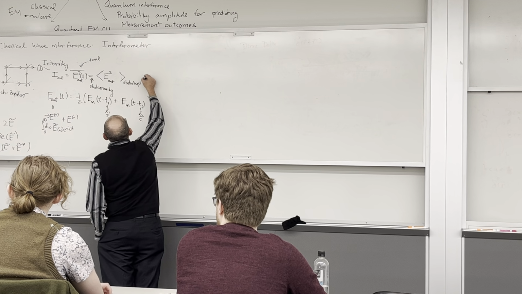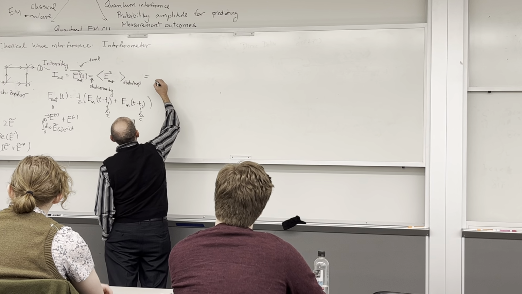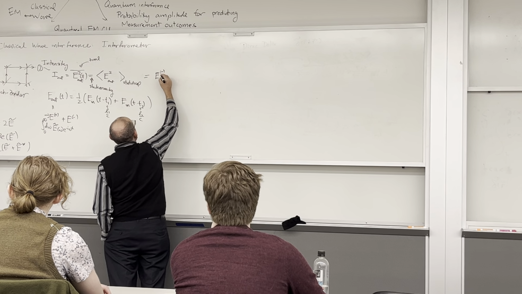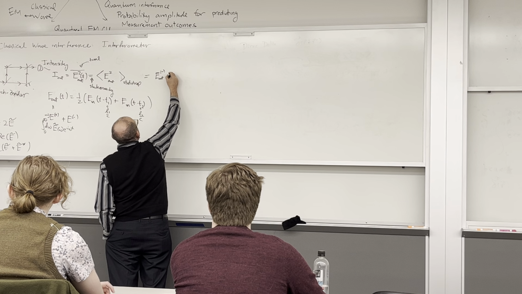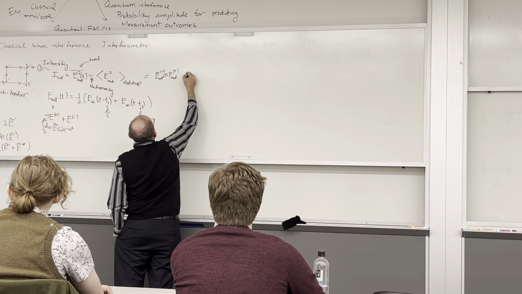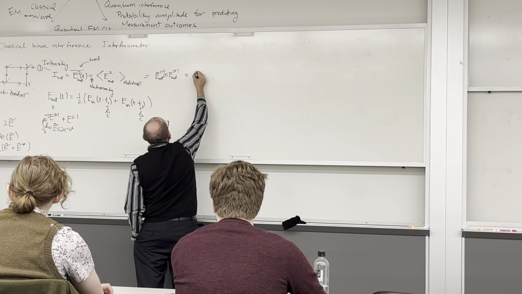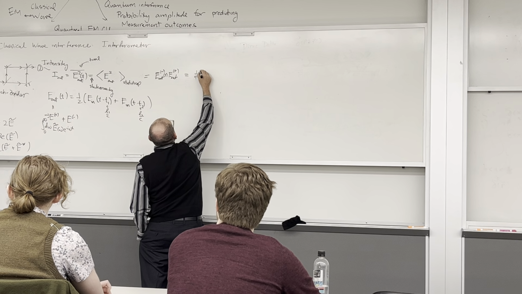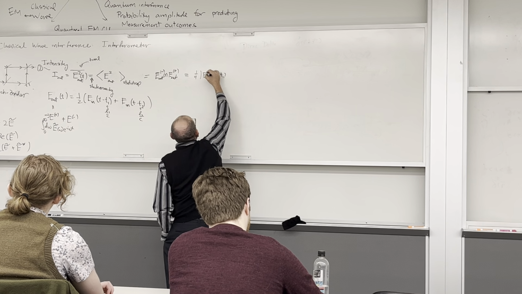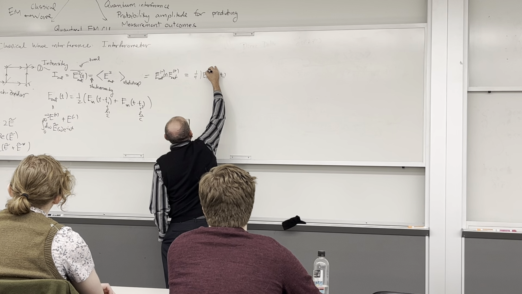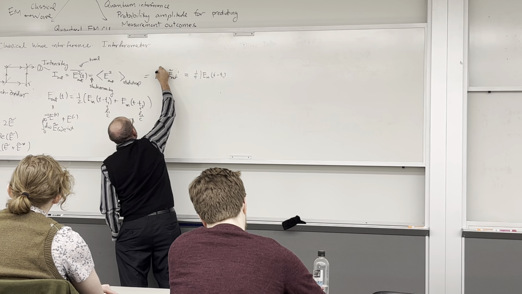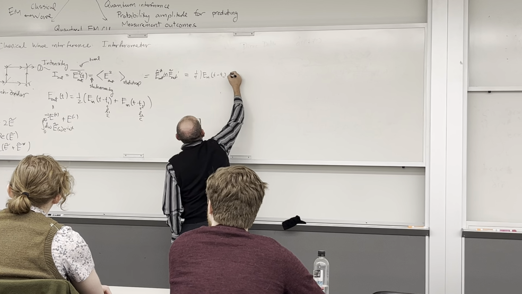And so our output electric field over here, this time average was the square of the complex amplitude, which I could write as E minus times E plus, which is equal to 1/4 E in at t minus T1, or I just write it in terms of the complex amplitude. It doesn't really matter. There's factors of 2, but I'm not going to keep track of them. So I'll write it like this.